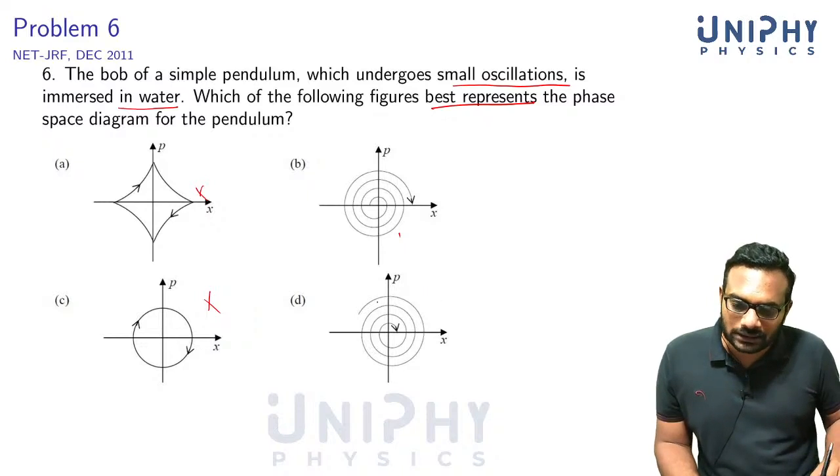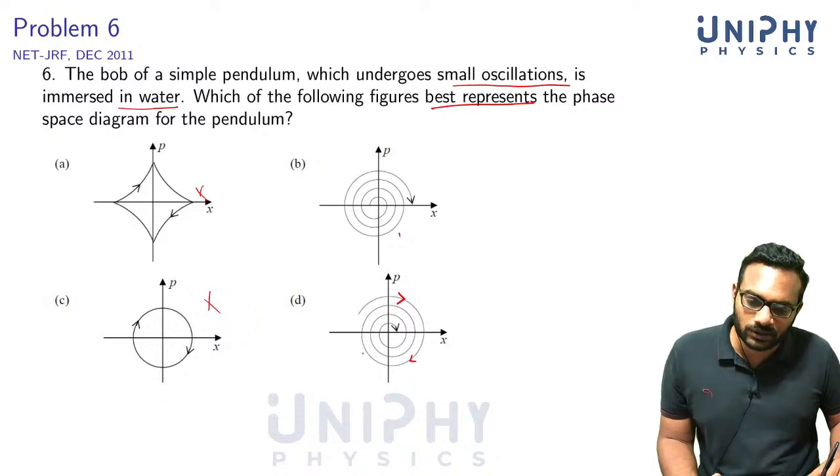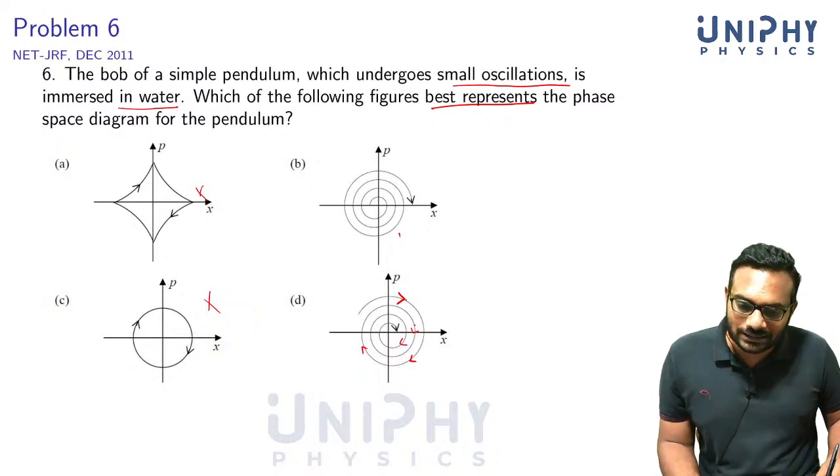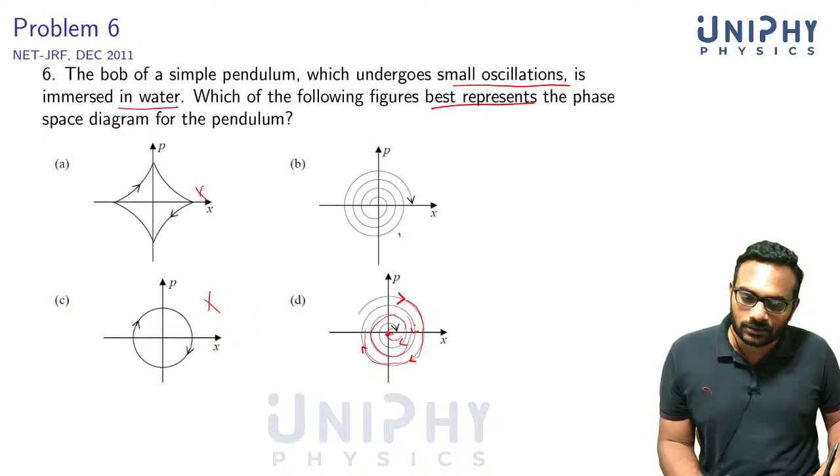We know that it has to be this because if you put the arrow marks, the arrow mark is towards the right when the momentum is positive, and towards the left when the momentum is negative. So this is how it goes, and this exactly corresponds to what we need. It starts at a higher energy, loses energy, goes to an inner surface, a line of lower energy, and finally approaches the equilibrium point.